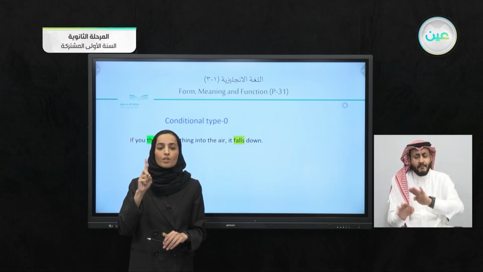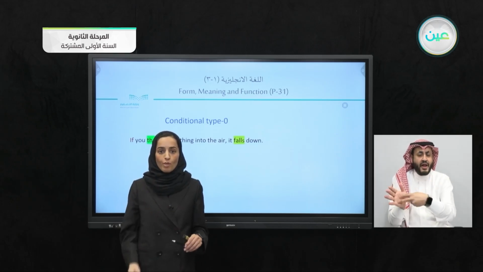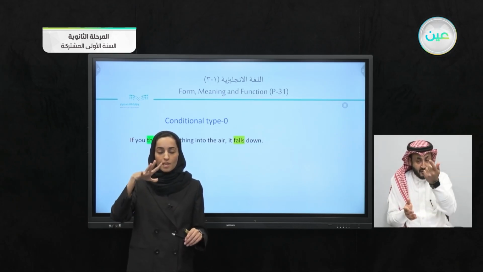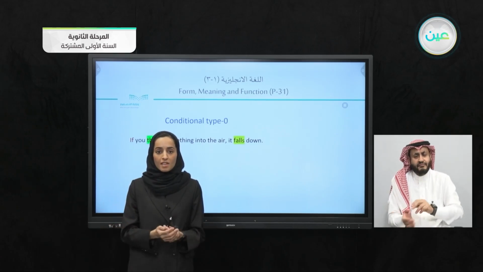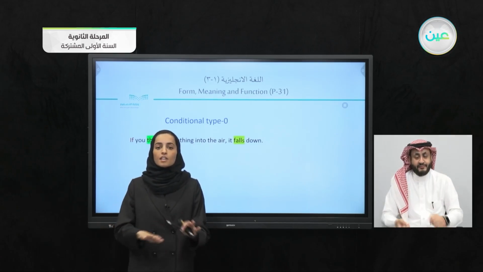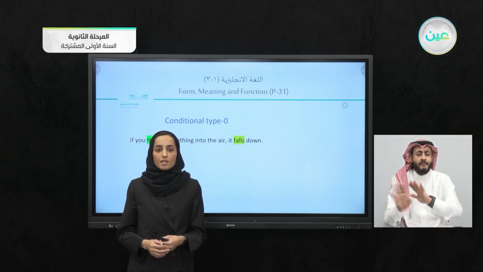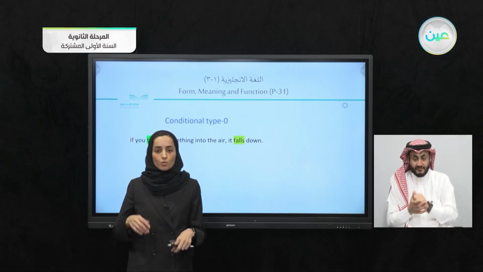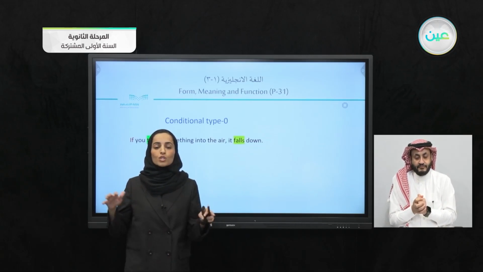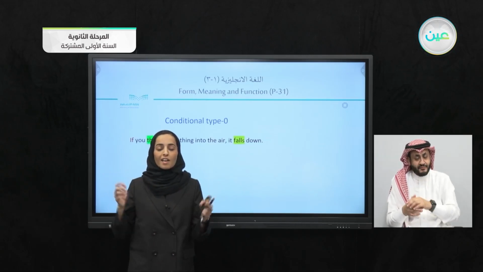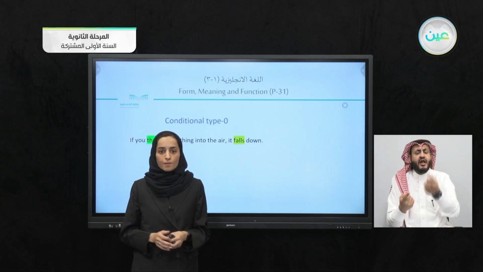It's only one result. Whenever you throw something or you leave something, because of gravity, and this is science, it falls. So there are no other options, whether it will float or it will fly, it always falls.